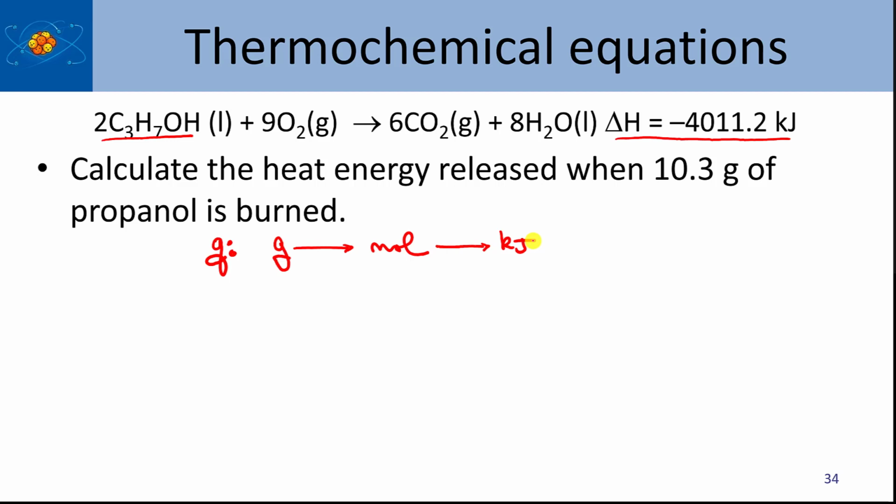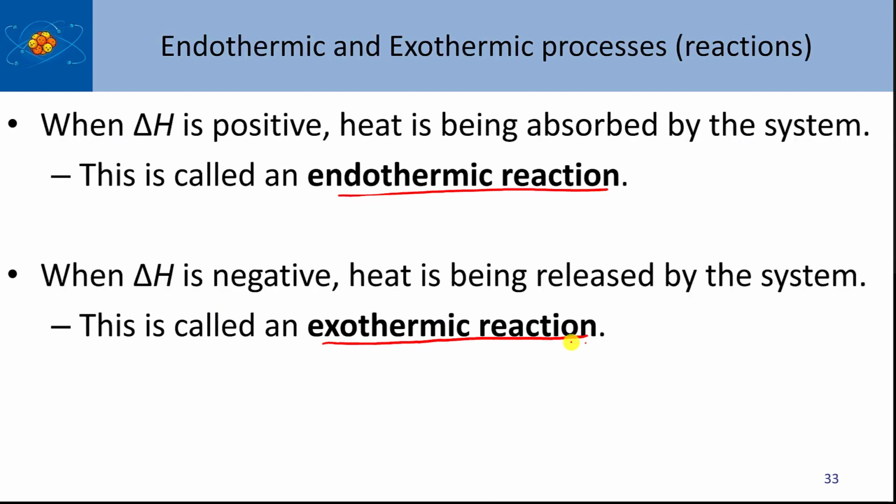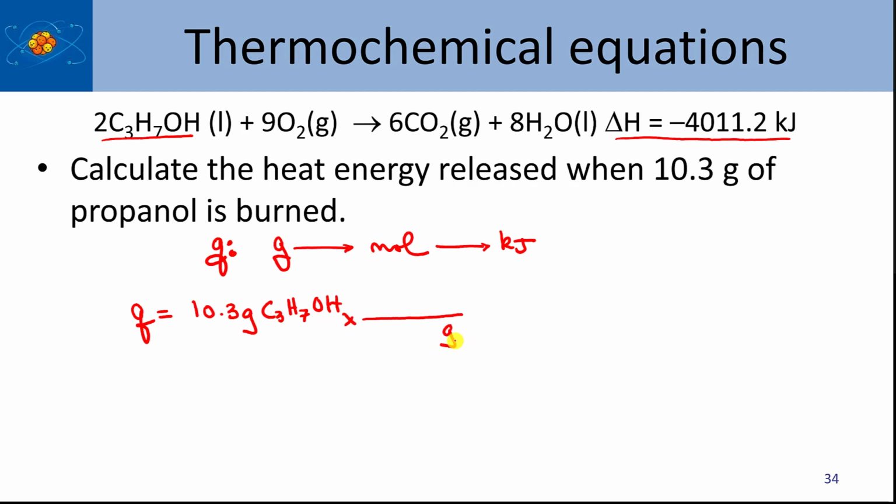Okay, so let's do this. Q is equal to 10.3 grams of C3H7OH. Now I need to convert this over to moles, so I need the grams at the bottom and the moles at the top. The molar mass, if you calculate it, is 60.095.